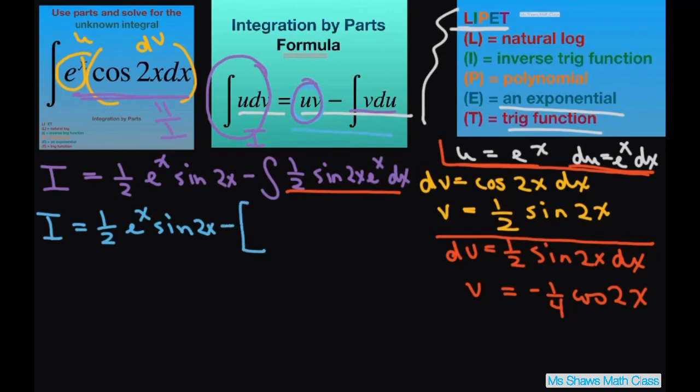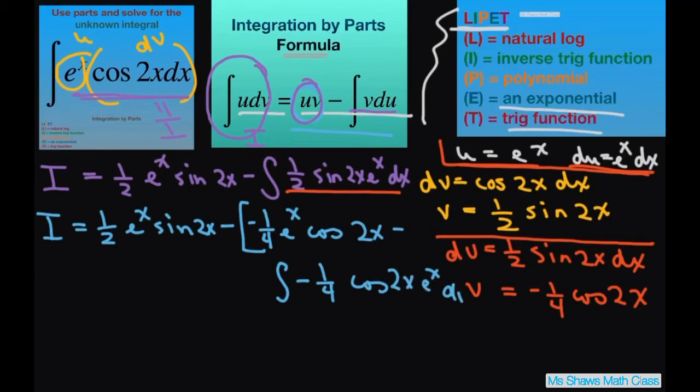So that's going to give me negative 1/4 e to the x power cosine of 2x minus, I'm going to move this down here, the integral of negative 1/4 cosine 2x e to the x dx. Kind of running out of room here, so I'm going to rewrite this on the next slide so we can save some room.